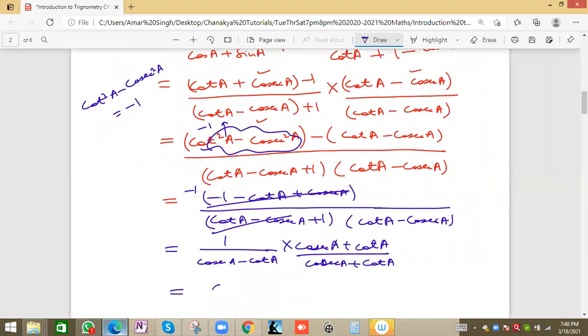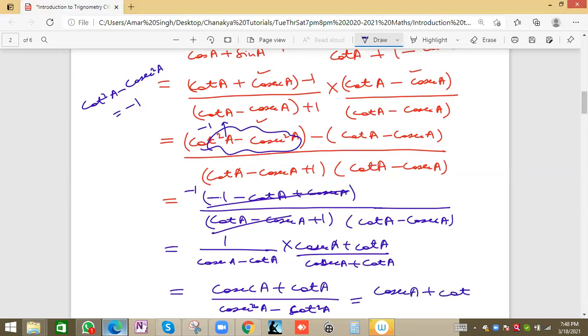The denominator will be cosec square A minus cot square A, which is equal to 1. So basically cosec A plus cot A will be the right hand side.